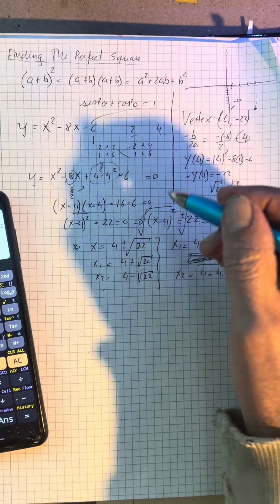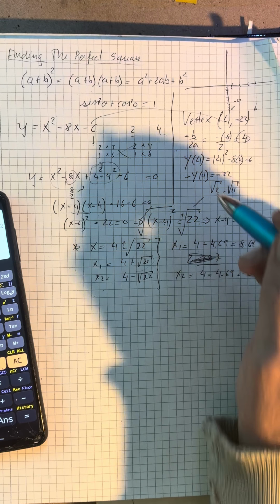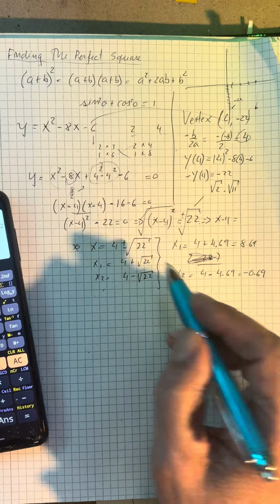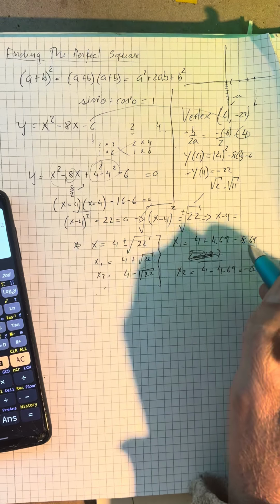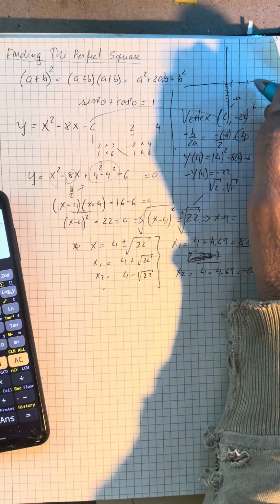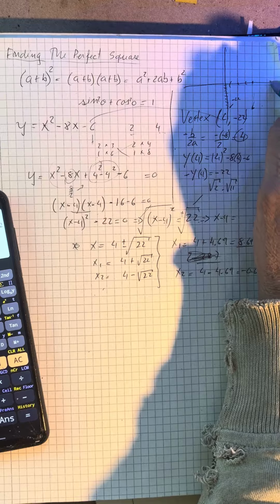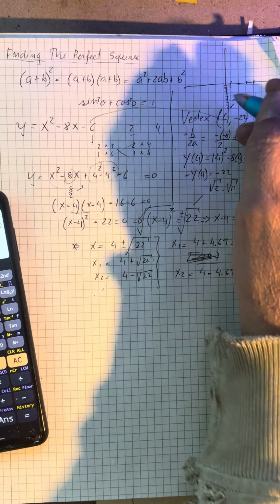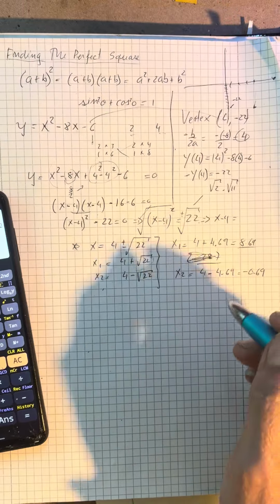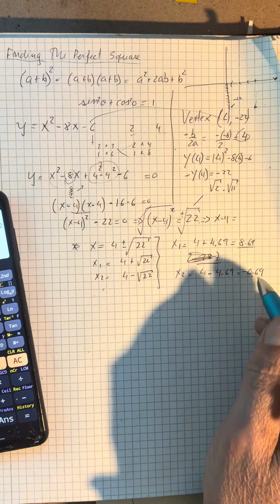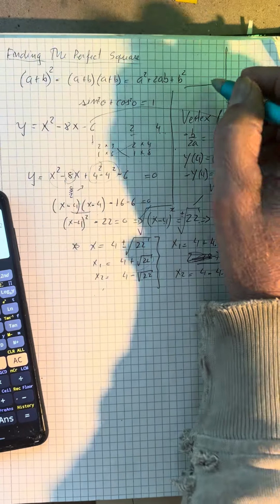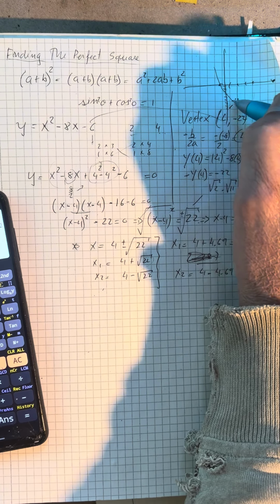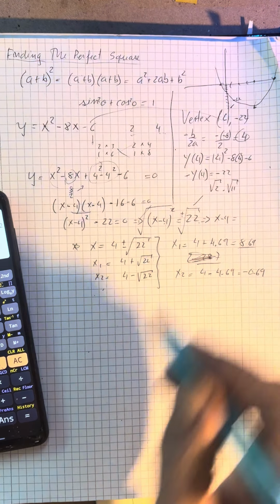One root is 8, and like I said, I don't have enough space to draw it correctly. And minus 0.69 will be somewhere in here. So the parabola will be somewhere like this.